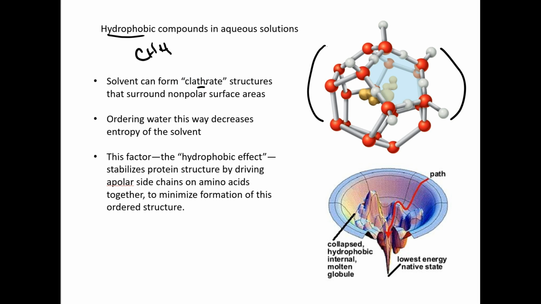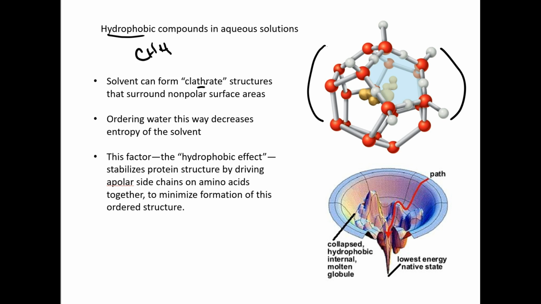So a clathrate, and this isn't rigid bonds, remember. These are still hydrogen bonds, and they can break and reform, but this structure is more stable than the dynamic structure we referenced prior. And if you're thinking in terms of thermodynamics, this is not a favorable interaction because it's an organization. It's a reduction of randomness.